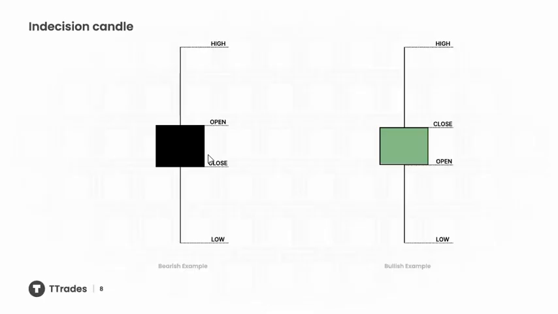So with a bullish example too, we have the market opening here, and then it makes its low right here, then goes up to make the high and comes to close here, once again almost where it opened, showing no direction. So it's an indecision candle, and the advice is that when you see a candle like this, you do not trade, because it doesn't show you the direction of the market.